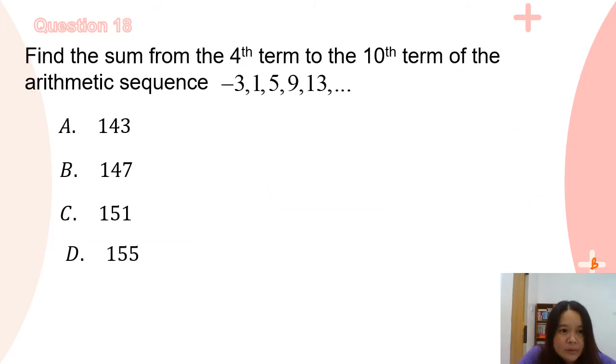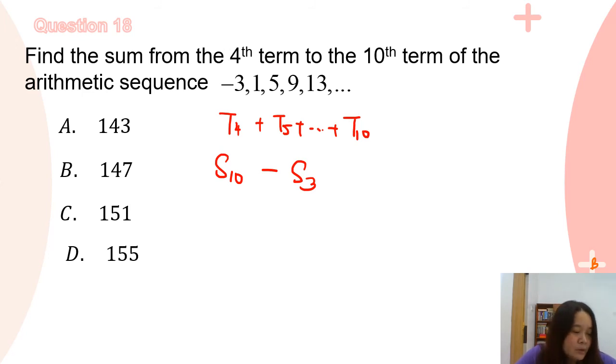Okay, in question 18, we are going to find the sum from term 4 to term 10. So that means you are going to find T4 plus T5 until T10. So I may use S10 subtract S3. So I substitute, and I will get the total sum from term 4 to term 10.